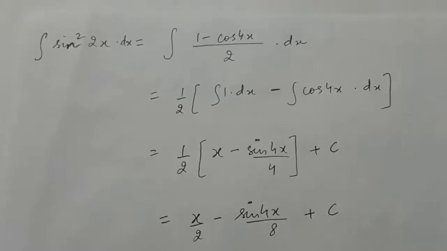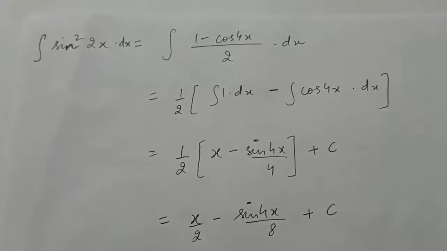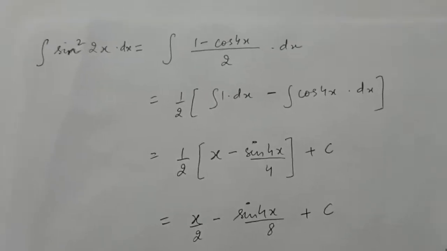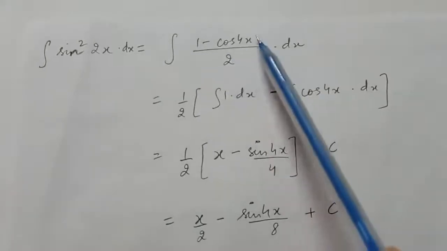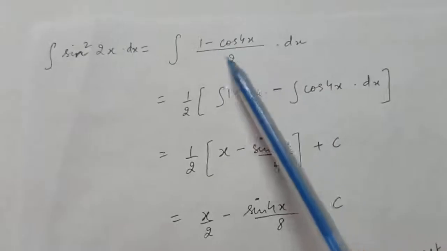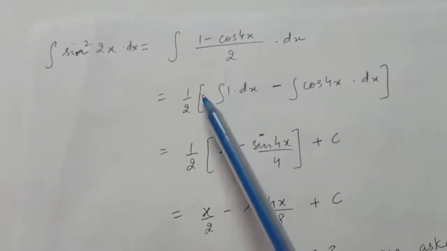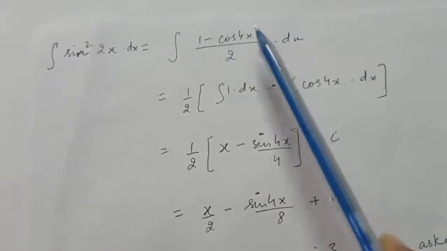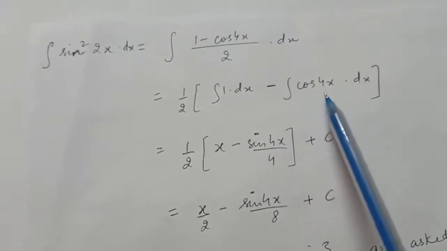Now suppose if you have to find the integral of sin square 2x. So sin square 2x we know can be written as integral of 1 minus cos 4x upon 2 into dx. Now this integral can be written as 1 by 2 integral of 1 minus integral of cos 4x, right?